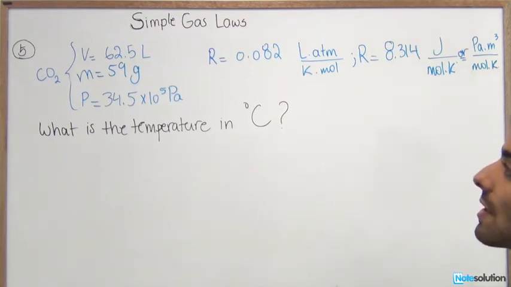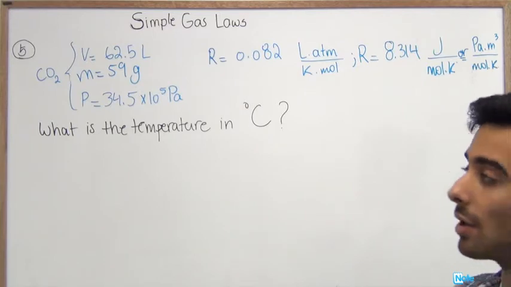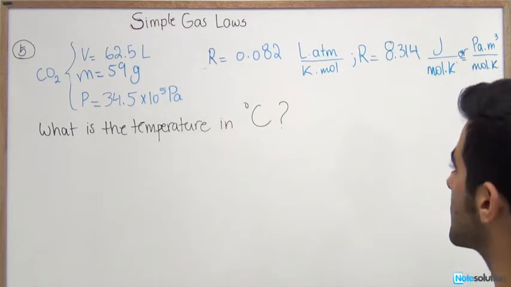So in this question, we have carbon dioxide of volume 62.5 liters. The mass is given to be 59 grams, and the pressure is given, and it's 34.5 times 10 to the power 5 Pascal. Given also the R, which is a constant.